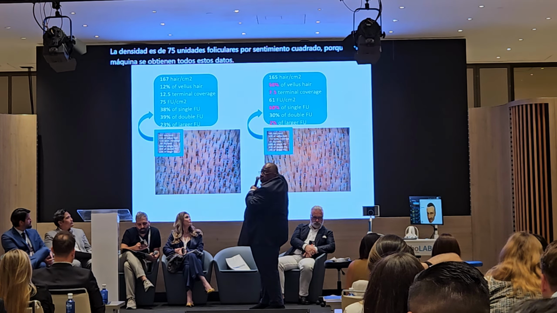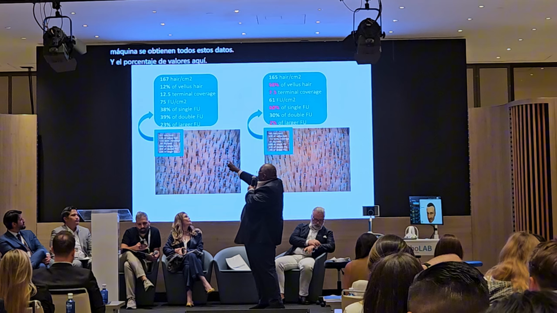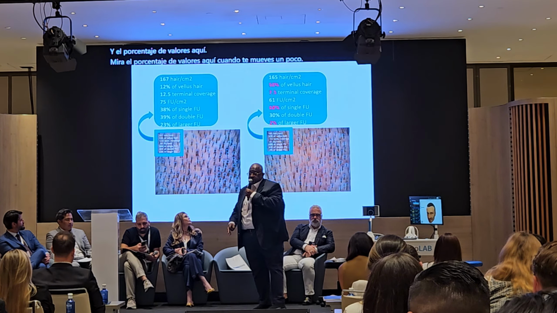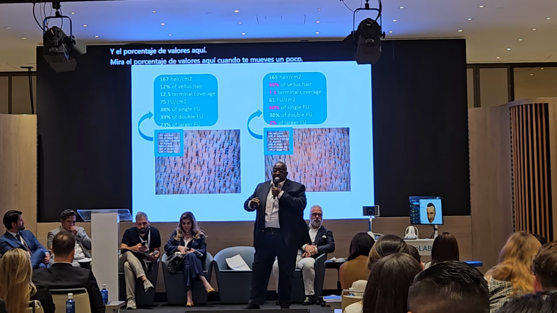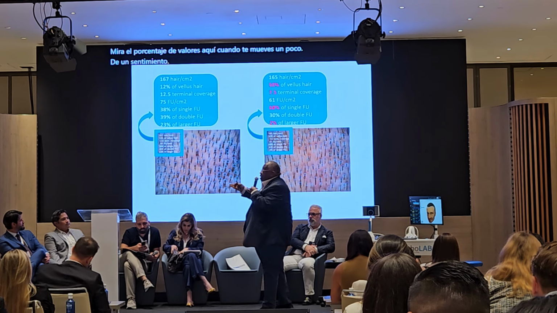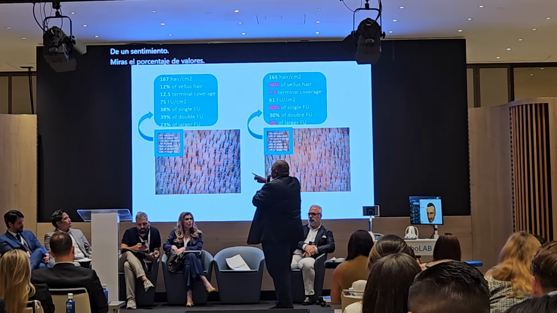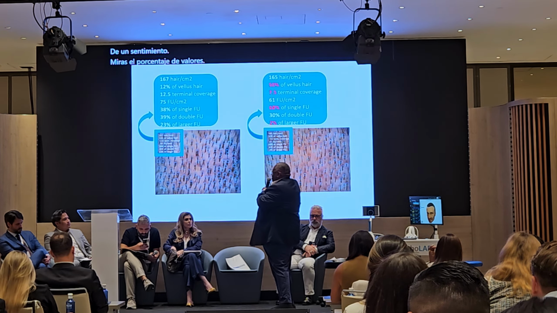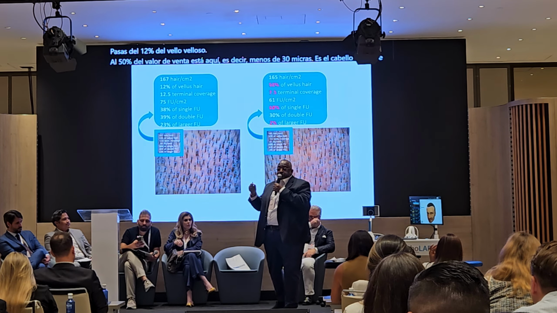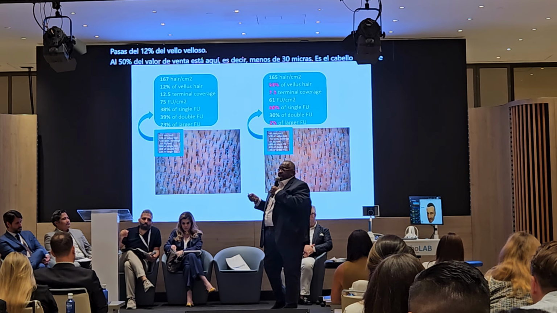You go from 12% of vellus hair to 50% of vellus hair. Vellus hair is hair that is less than 30 micron. It's hair that is miniaturizing. So, if you do not pay attention to things like that, you're going to harvest hair that has 50% miniaturized hair.